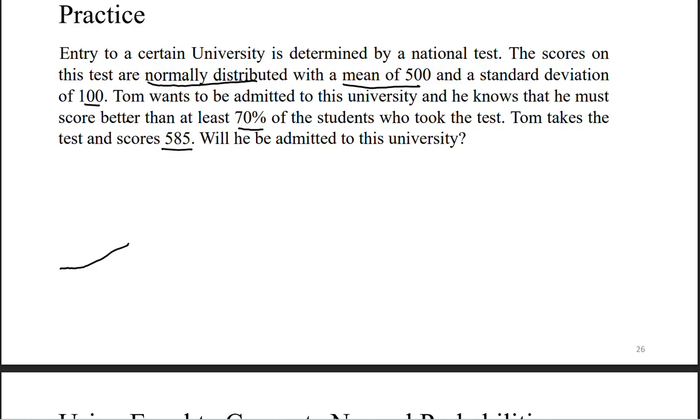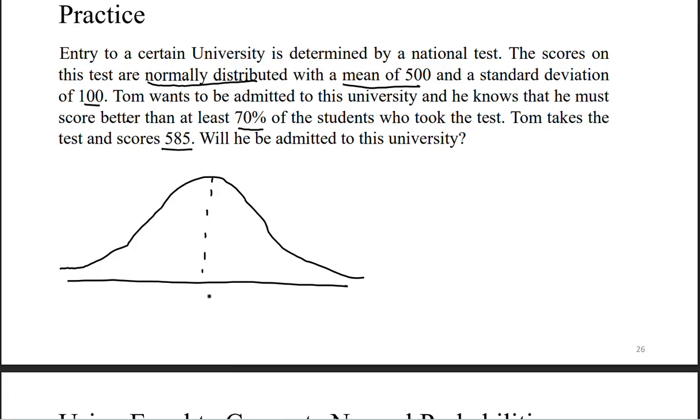So first of all, we're looking at a normal distribution. So we create a normal distribution curve. You don't have to do it, I'm just creating it for illustration's sake. The mean of this normal distribution is right here at the center, and the mean is 500. The standard deviation we know is 100.